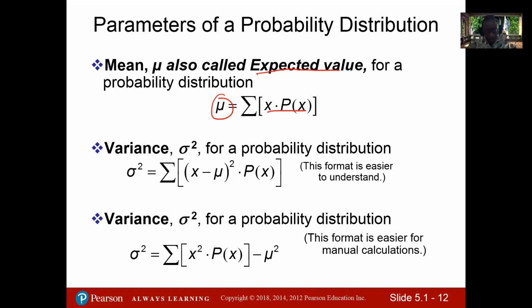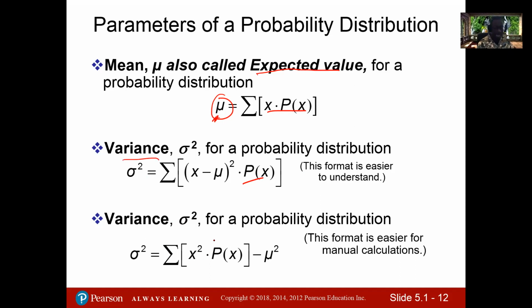It's a probability distribution. So multiply each of the x by its corresponding probability, and then add all of them together. For the variance, there are two formulas. One: after you get your mean, mu, subtract it from each of the x, square it, multiply by the corresponding probability, and add everything. That gives the variance.